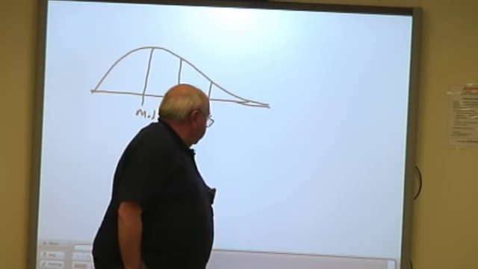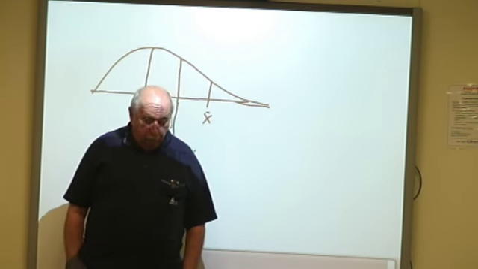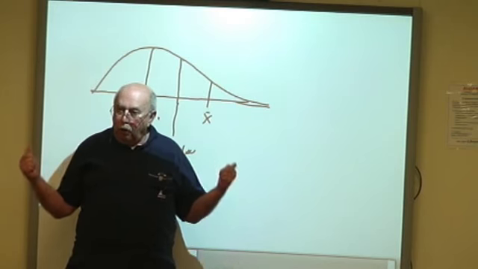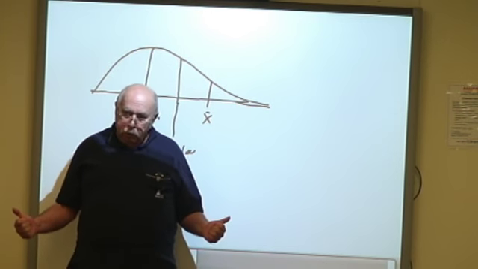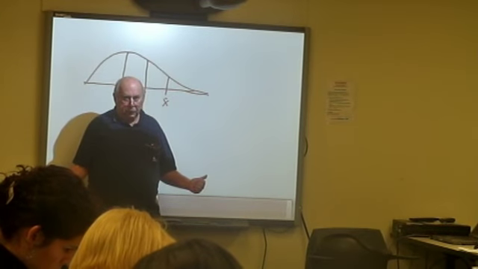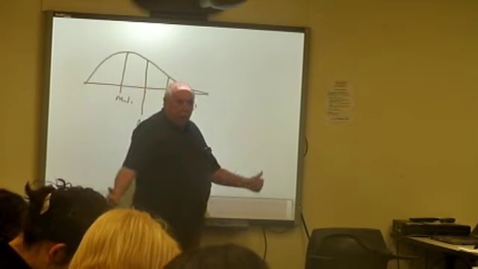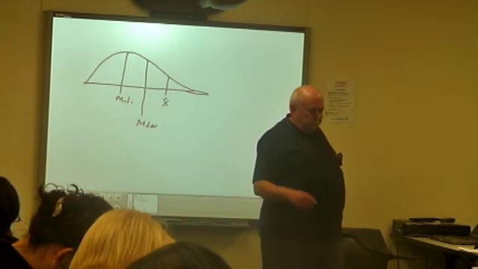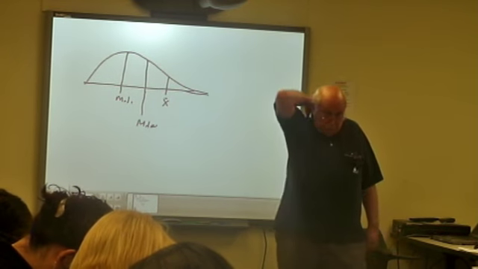In a skewed distribution, and first of all, in all distributions, the mode is the highest point of a curve. In other words, it's that score that has the highest frequency, that score that most people obtain.